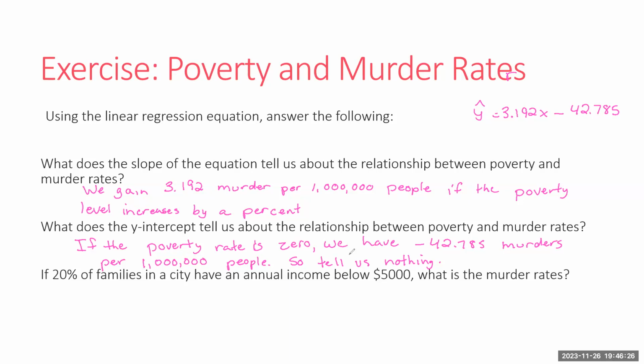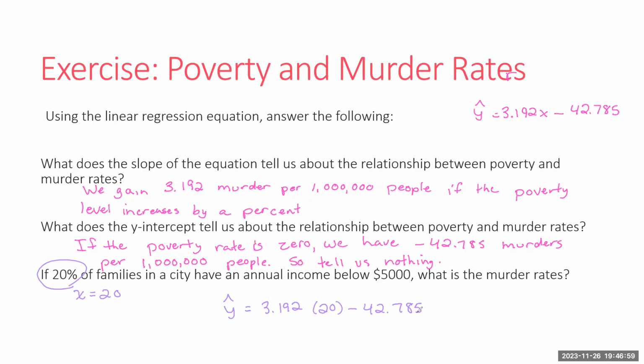So if 20% of the families have an annual income under 5,000, what is the murder rate? So really what I said here is that my X is 20. So if 20% of my families are in the poverty level, which is really what it was telling us here, we just stick that in here.